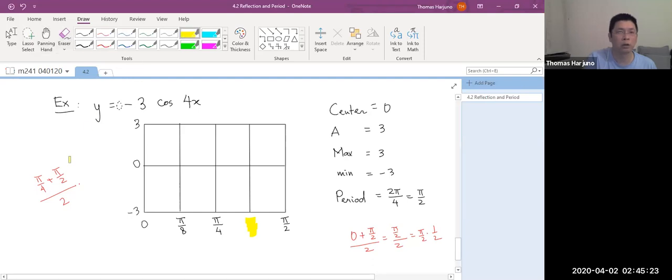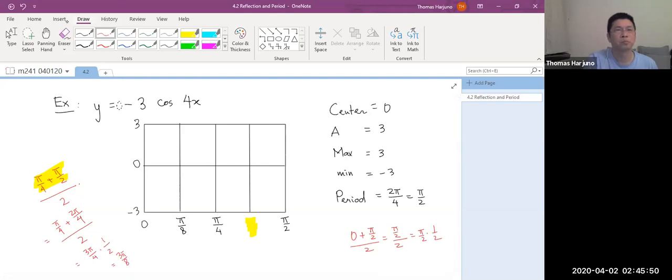Then you will combine this first. You will get pi over 4 plus 2 pi over 4. We need to do the LCD, you see, right? That will give me 3 pi over 4, all divided by 2 or multiplied by 1/2. That gives me 3 pi over 8. The same answer we got earlier. So this is 3 pi over 8.